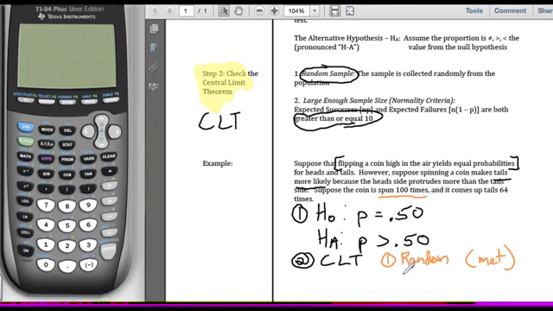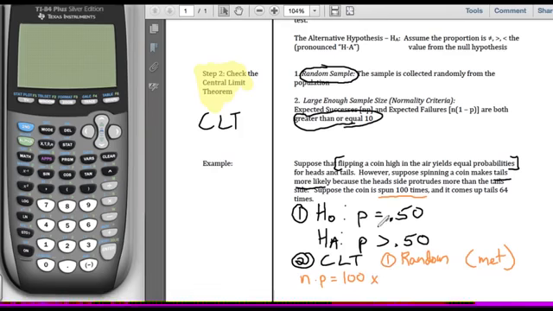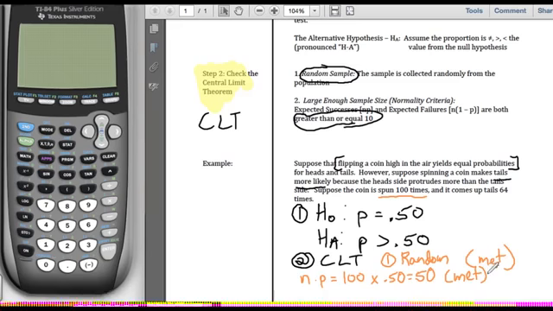Then, for my expected successes, I'm going to take n, my sample size, times p. n is 100 times p, which we said in the H0 was 0.50. That gives me 50. That's over 10, so it is met.